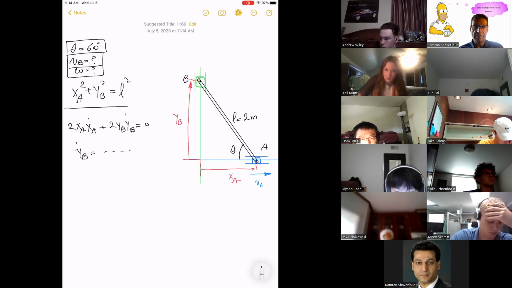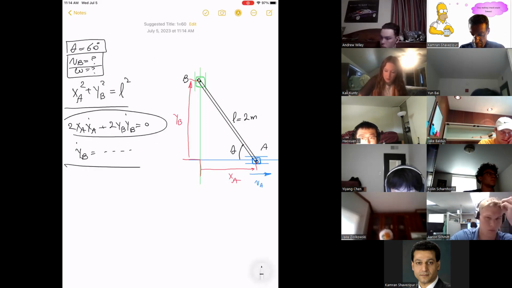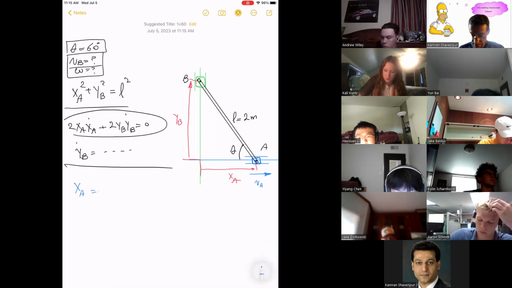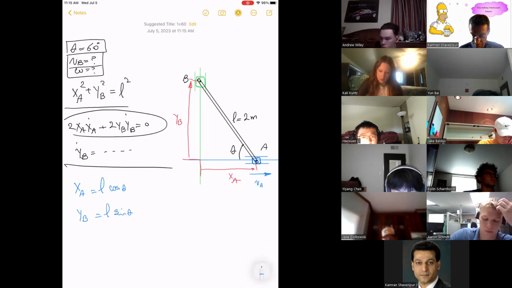Then we need to find something that has theta in it. For me, because I'm lazy to take these derivatives, I'm going to go with xa equals L cosine theta, yb equals L sine theta.